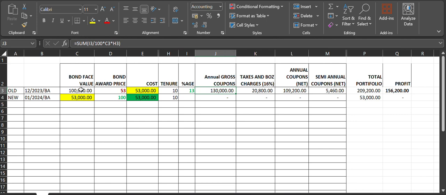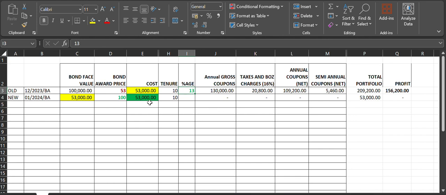So what that meant is if you submitted a bid for a bond of 100,000 kwacha and it's a 10-year bond, you knew beforehand the annual coupon rate. And for a 10-year bond, the annual coupon rate was always pegged at 13%.